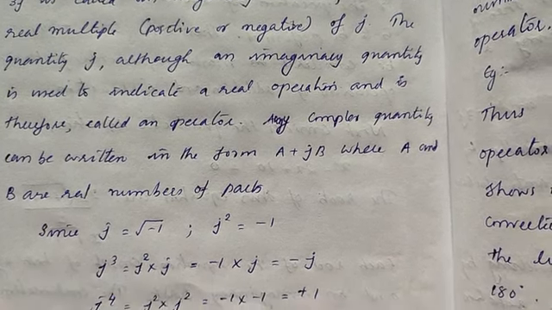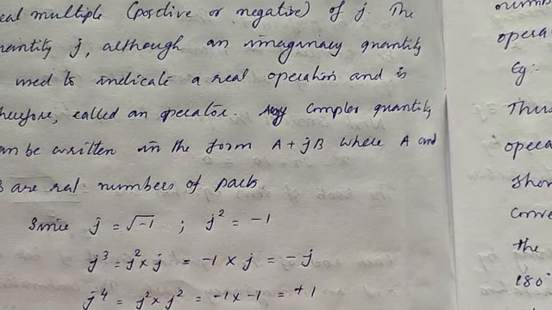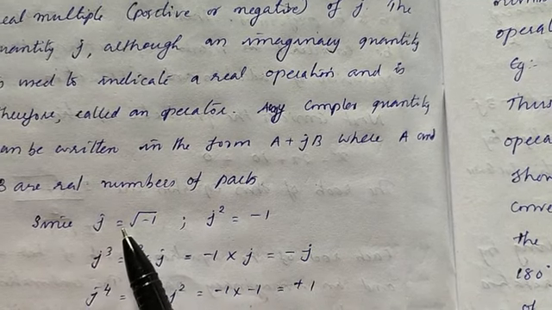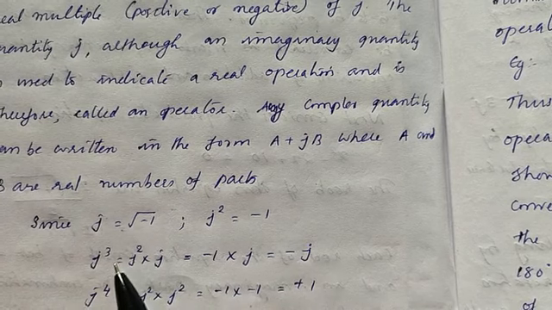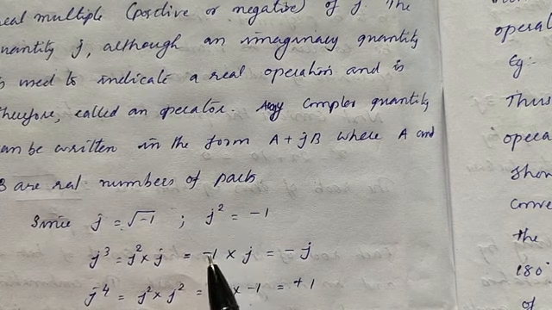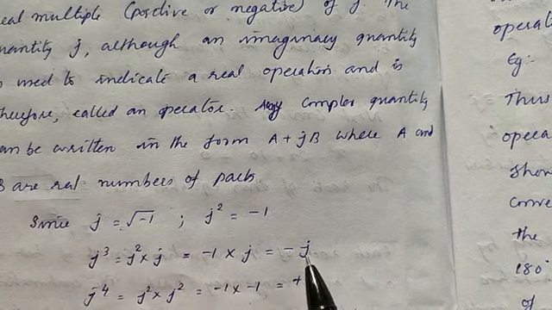Now, since j is equal to the square root of minus 1, j square is minus 1, squaring both sides. And j cube can be represented as j square into j, so that is minus 1 into j, which is minus j. So j cube will be minus j.